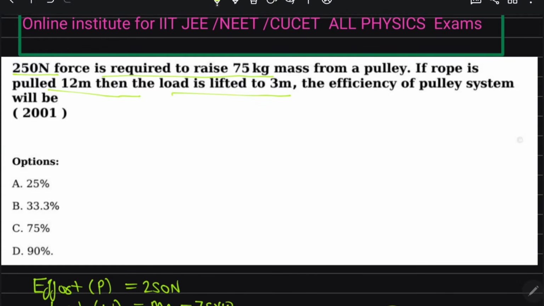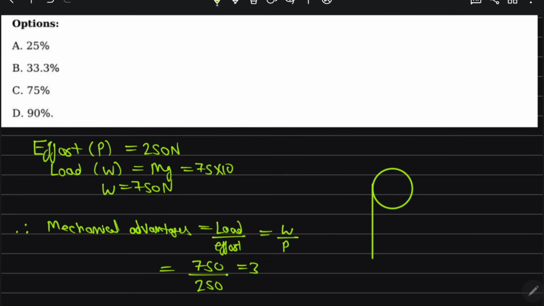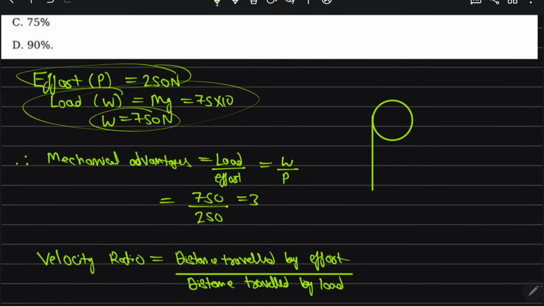So here you are going to understand now. We are applying 250 Newton force to raise a 75 kg mass, and the weight of this mass is 750 Newton. So mechanical advantage, first we find load divided by effort, that is 3.